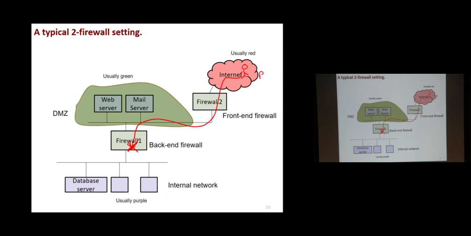He will be able to find out everything in the DMZ. But he will not even be aware that there is a database server. So that is the purpose of having the firewall. You don't even know the existence of the database server.